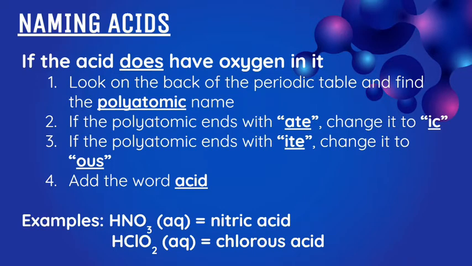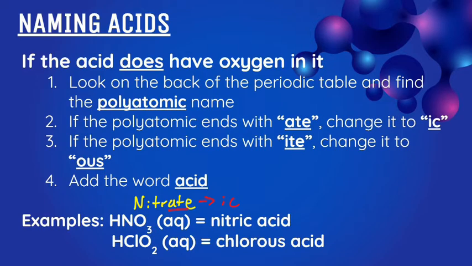So looking at our HNO3, this is going to be our nitric acid. Our NO3 first is going to be our nitrate. So this is going to be our ate to ic, so we're going to get nitric.